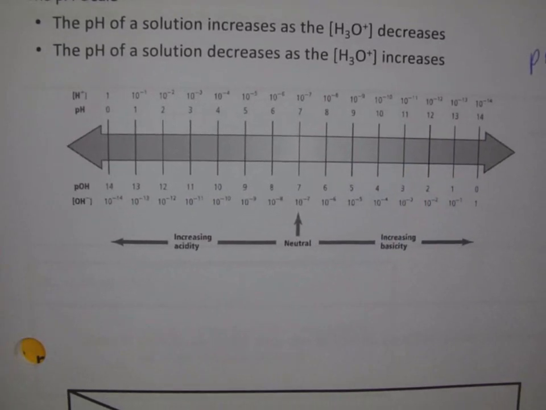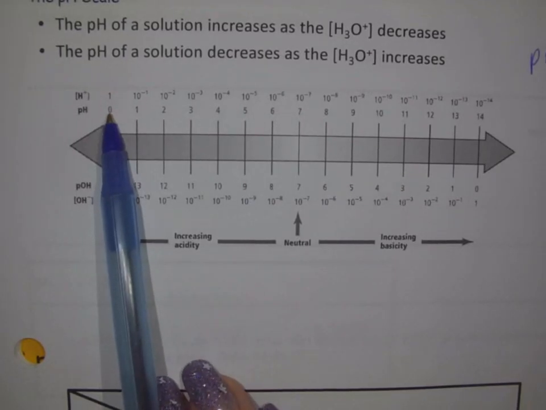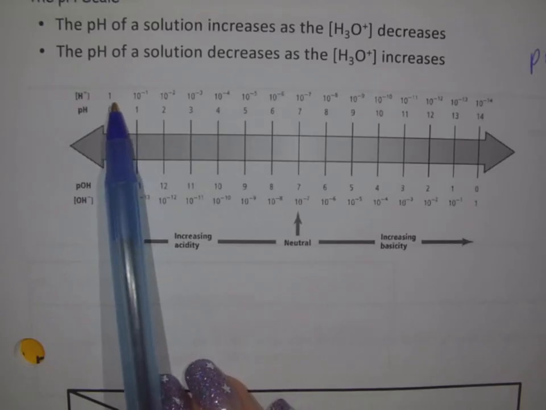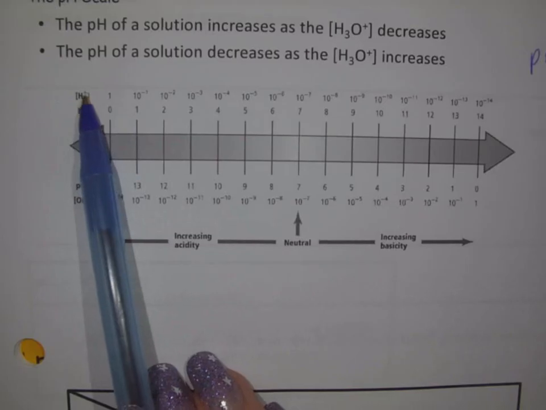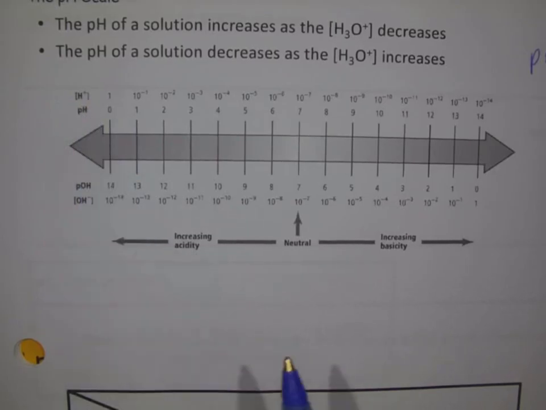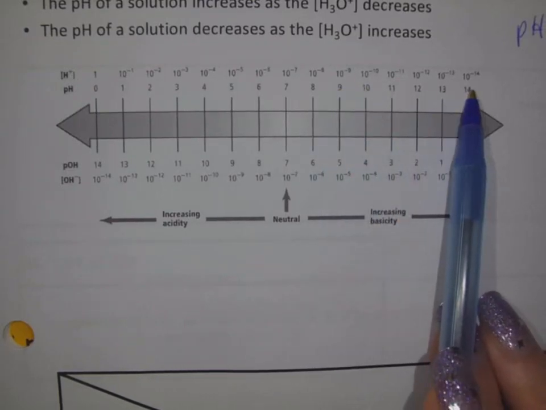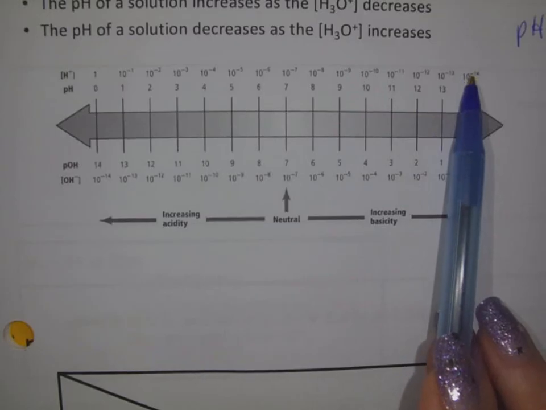Okay? But a couple important things to remember. The lower the pH, the more acidic something is, and what makes it more acidic is the fact that it has more of the H plus or more of the H3O plus. The higher the pH, the more basic something is, and it has less H plus in it.